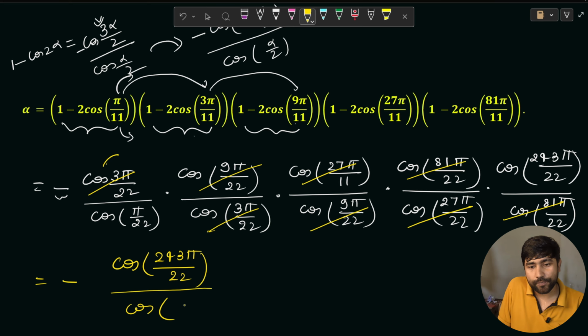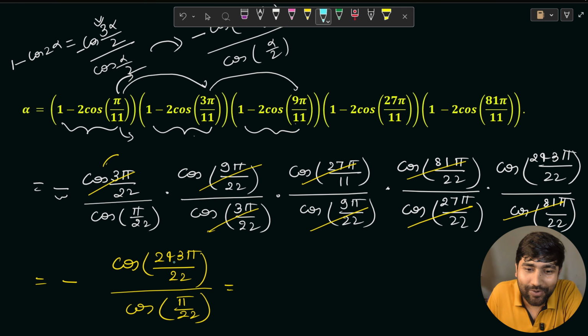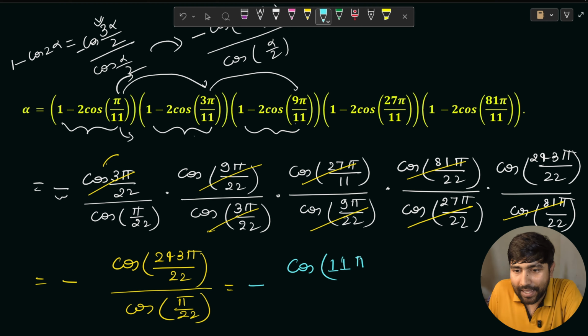Now they have given us a problem to solve, so this must be converted into simpler terms. How? See, this particular term is 243 pi by 22. When you divide 243 by 22, you get 11, and the remainder is 1, so 11 pi plus pi by 22.